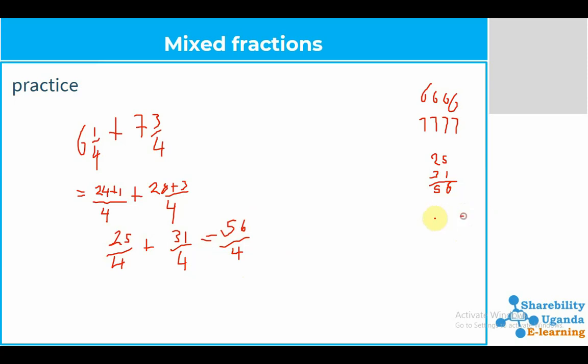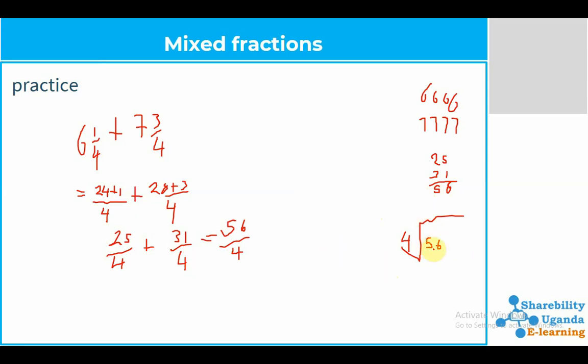Should we change it? Yes, let's change it. This is 4. This is 56. So we are going to divide this number by 4. Which number should we try?